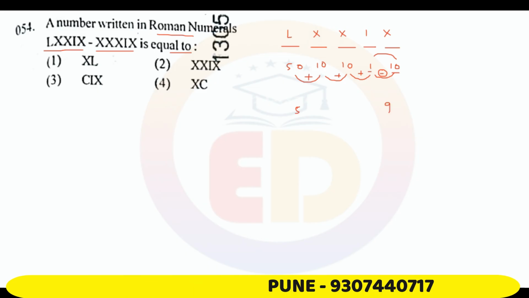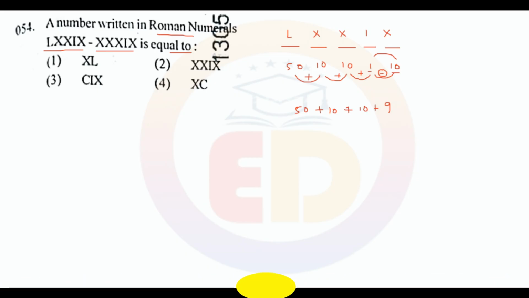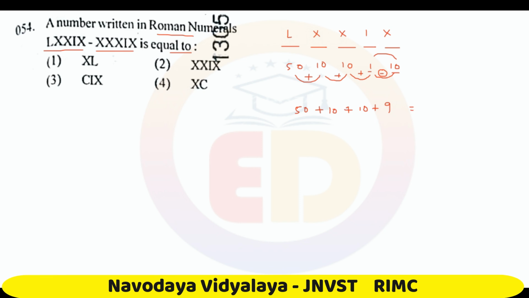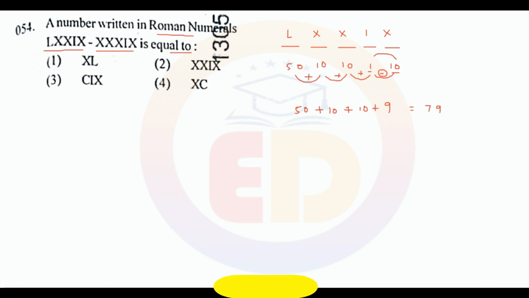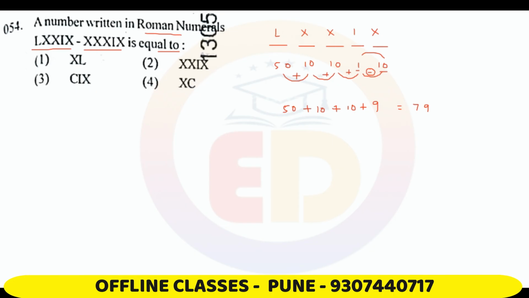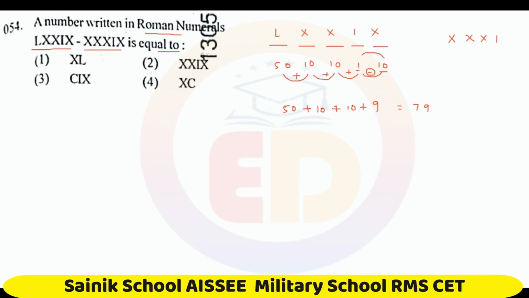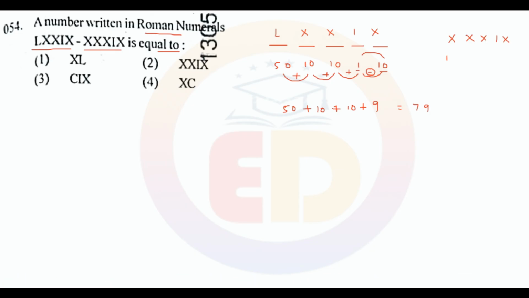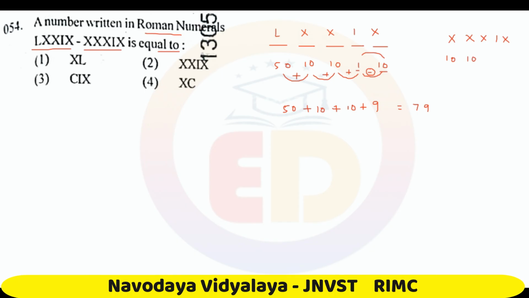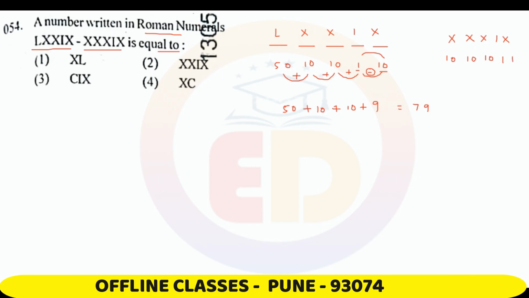Final value will be 50 plus 10 plus 10 plus 9, which will give us 79. The next symbol is XXXIX. X is 10, another X is 10, then 10, I is 1, and X is 10.